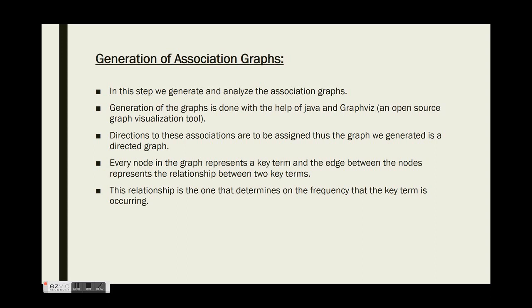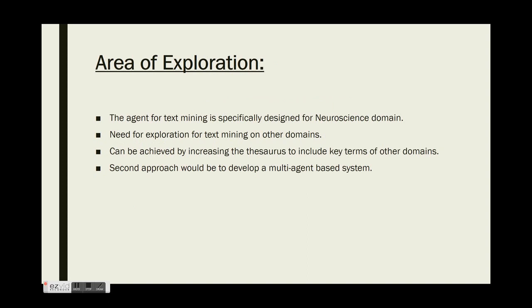We use a tool called GraphViz, which is an open source tool, and we make use of Java to write the code, and so we finally generate a directed graph with nodes and edges, where each node represents the key term, and edge between the nodes shows the relationship between the two key terms. So we find the frequency of occurrence of that particular key term.